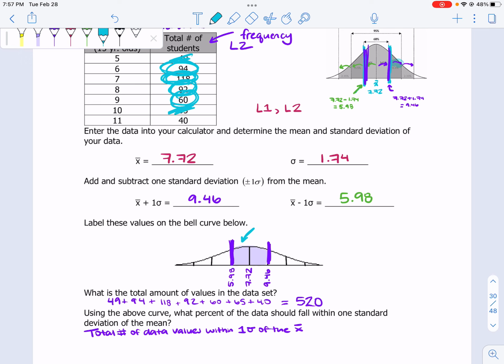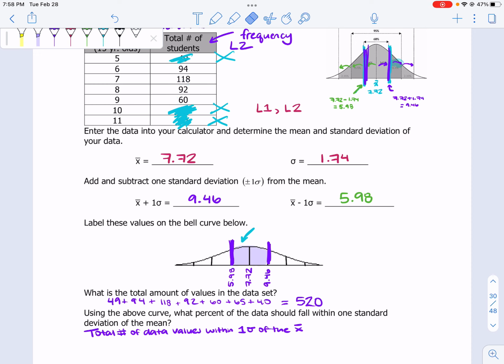But these 65 students do not fit in the range because they are over 9.46. Same with these 40 students, they do not fit within that range because they're over 9.46.